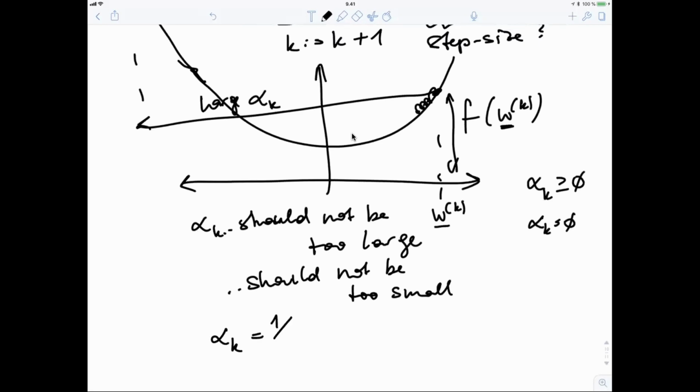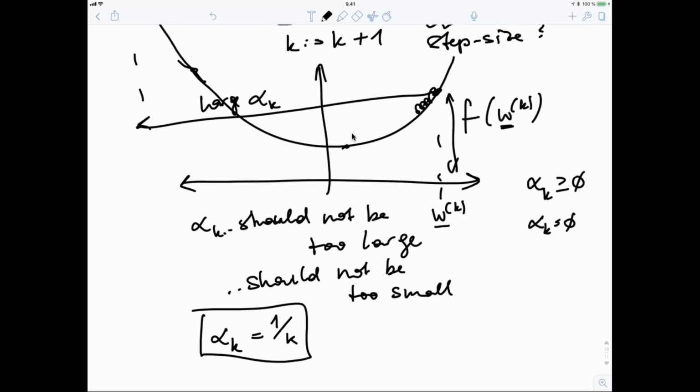So for example, set alpha K equal 1 over K. And it turns out that such a choice, if the objective function is differentiable and convex, will always work: if you repeat the gradient steps for a sufficiently large number of iterations, you will always converge to the optimum of the function.